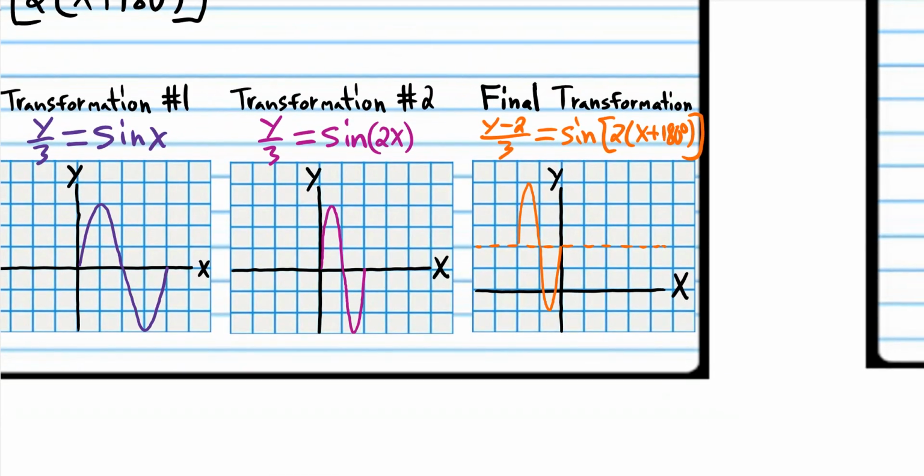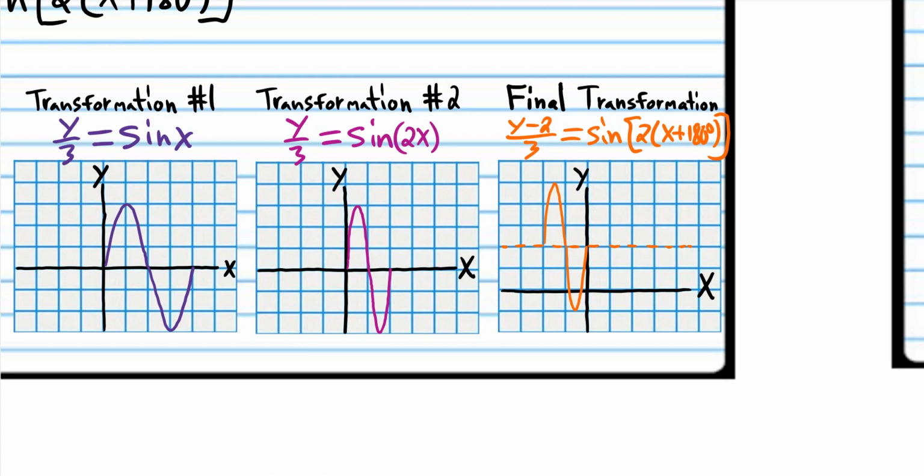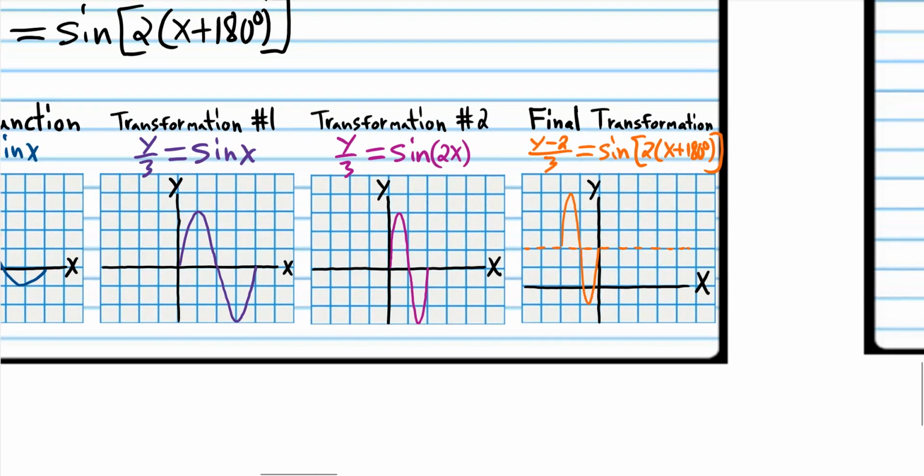So we move the graph up 2 units and to the left 2 units because we added 180 degrees. Again, each box is 90 degrees when you're dealing with the horizontal movement.